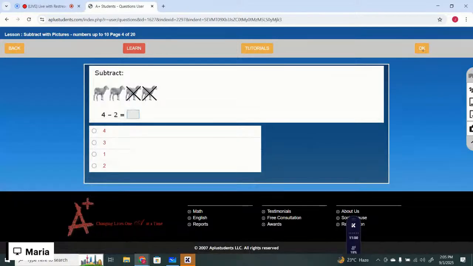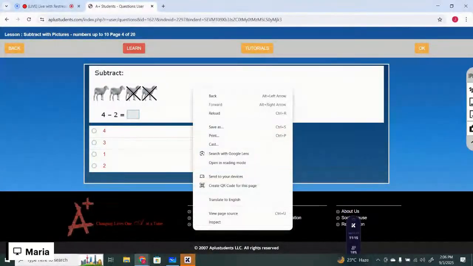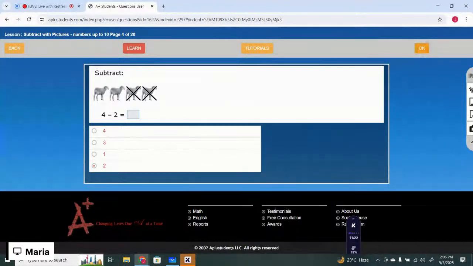Four take away two. So which is the correct option? The ones that are not crossed out are 2. So 4 take away 2 is 2.